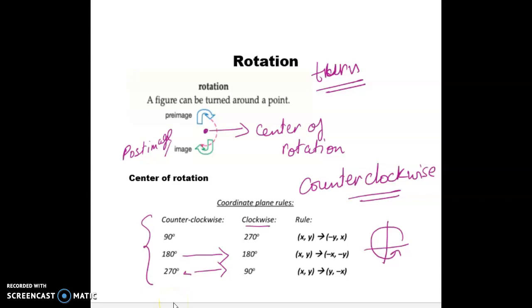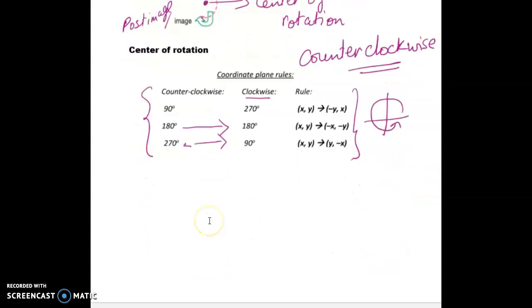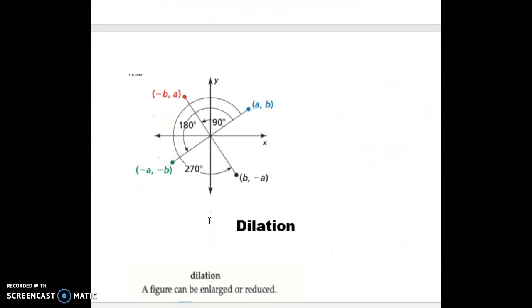And the coordinate plane rules, they are all right here. Another way of understanding rotation would be this chart. This will help you to understand on the coordinate plane. Every time an object is rotated 90 degree counterclockwise, x and y, or in this case A and B, switch places.